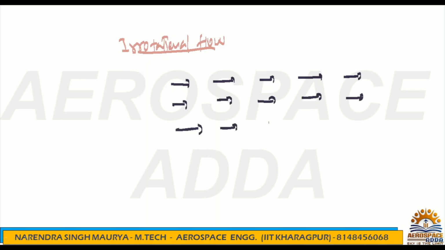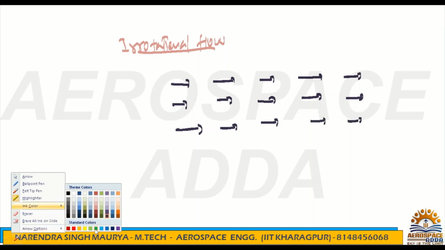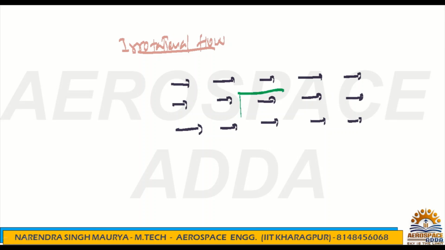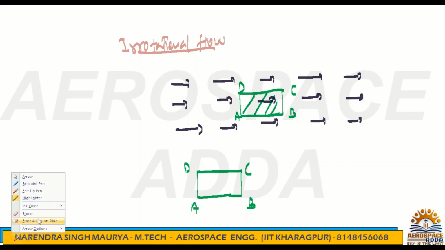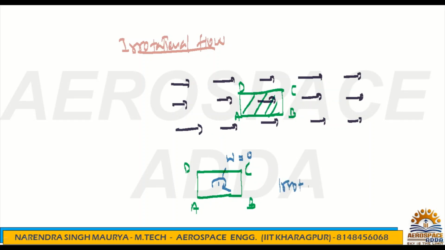Suppose you have taken a fluid element like this, A, B, C and D. The fluid is flowing, but if you check this particular element about the center of mass, the angular velocity omega is equal to 0, meaning it is not rotating. So it will be irrotational flow.